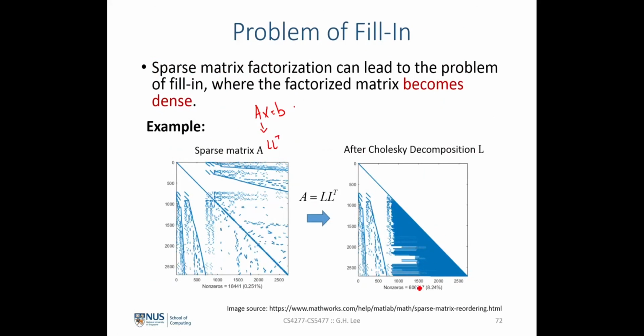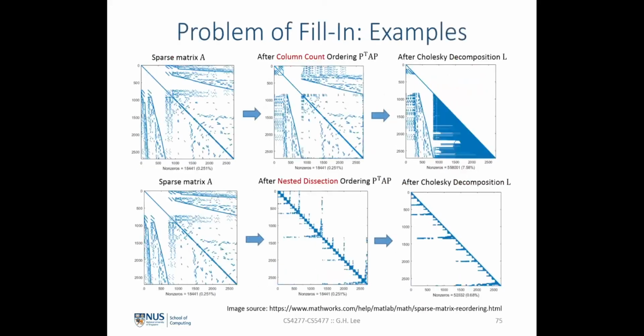This is still much lower than what we have over here, which is about 606,000 non-zero entries. We can see that we have the same effect by applying column count as well as nested dissection, where we end up with a much lower number of non-zero elements after applying the Cholesky decomposition.